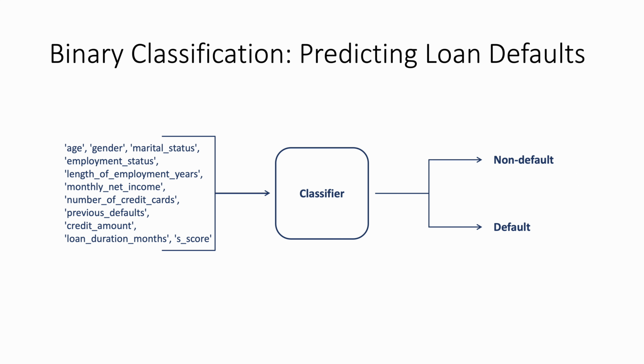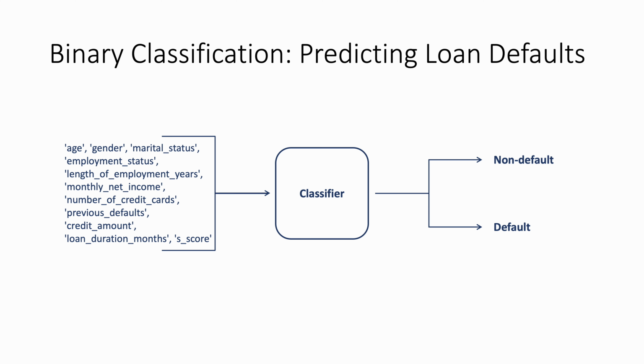In this course, we will focus on binary classification, learning how to build, train, and evaluate models that can solve real-world problems, such as credit scoring. In this course, we build a credit scoring model based on the prediction of loan defaults, which belongs to binary classification.